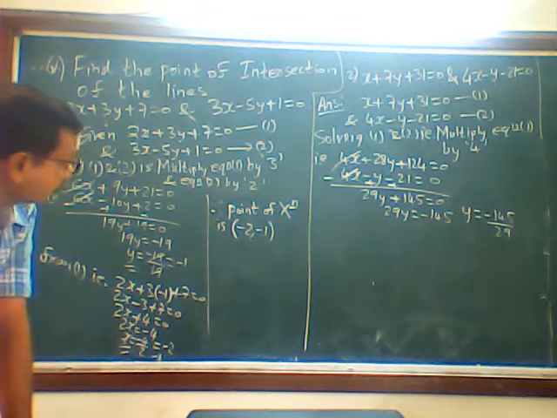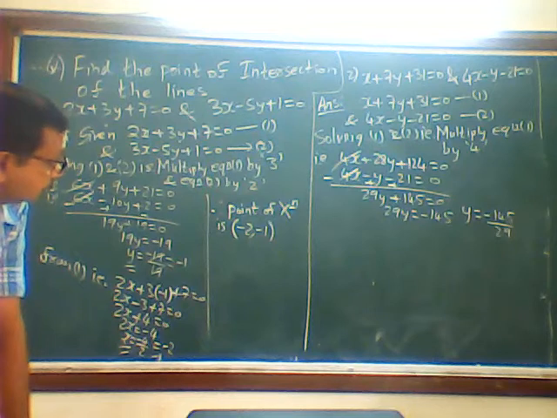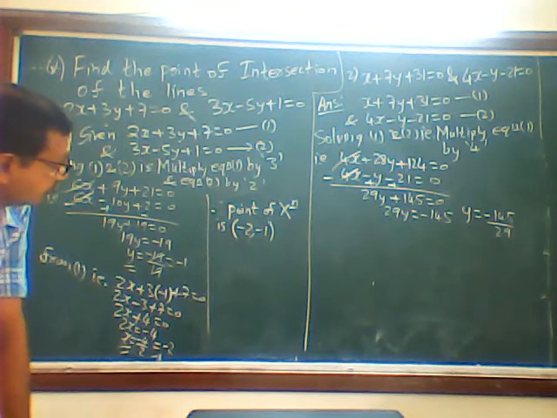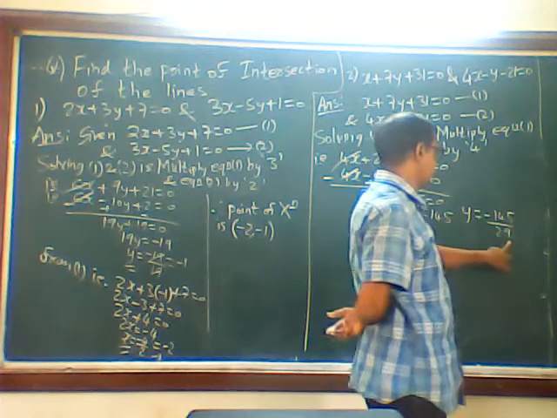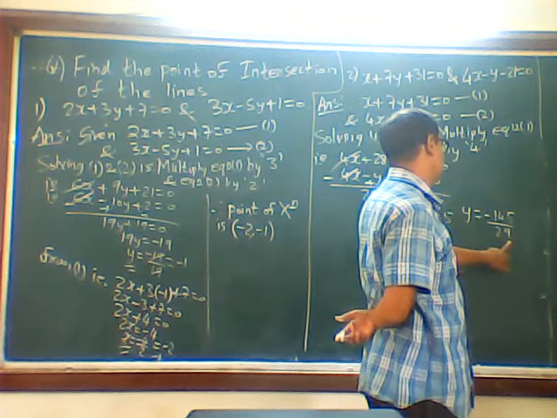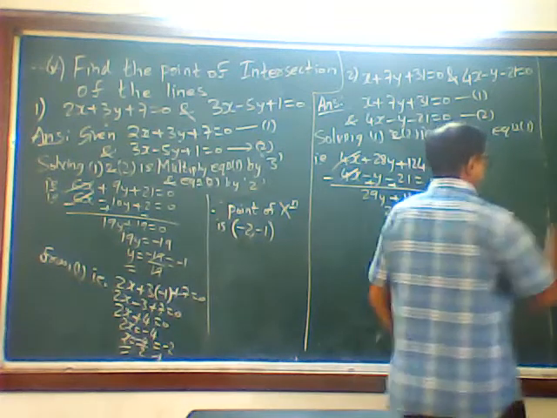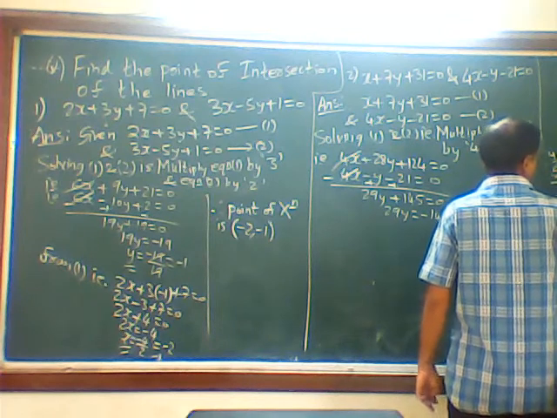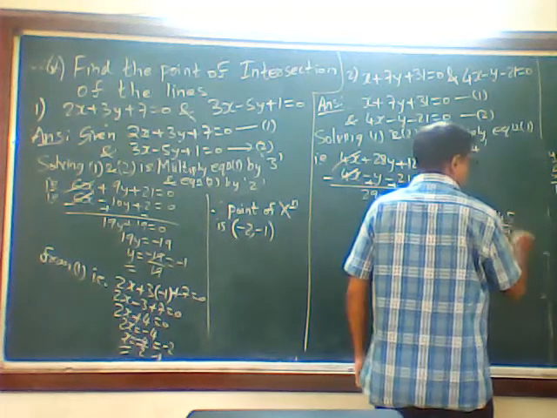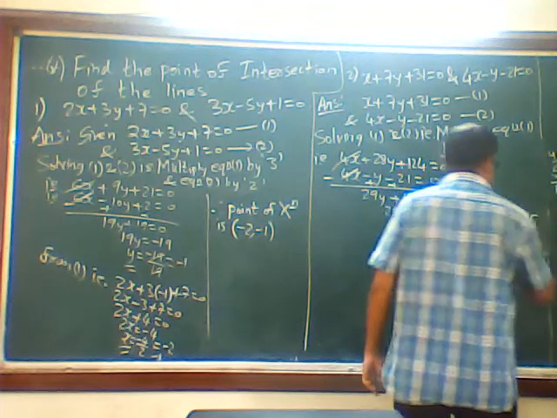So what I have done: 4 sevens are 28, 4 threes are 124. 29 times 5 is 145. So y will be minus 5.